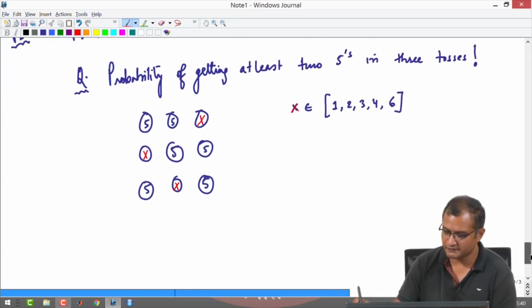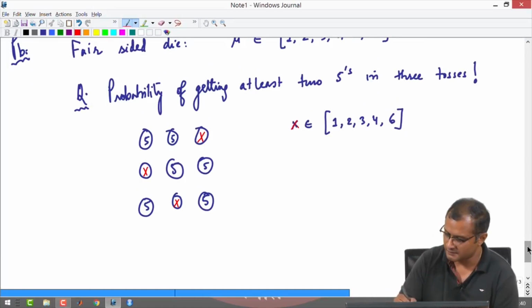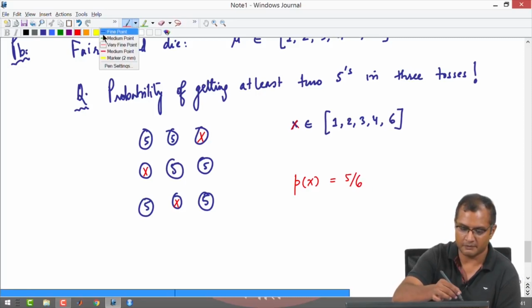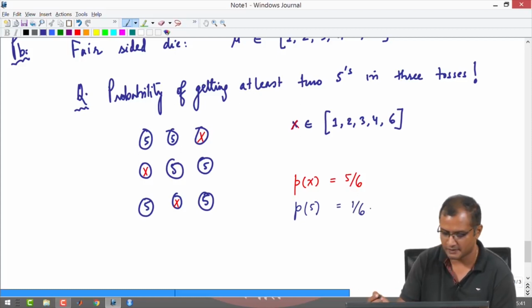So, the probability of getting 2 5s out of 3 tosses is, see, the probability of getting an x is basically 5 by 6, okay, and the probability of getting a 5 is 1 by 6.